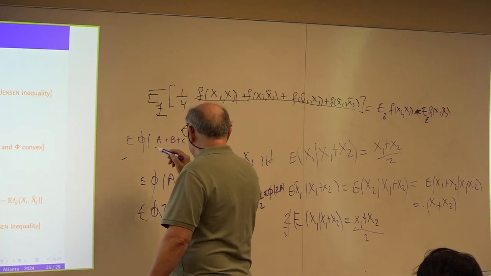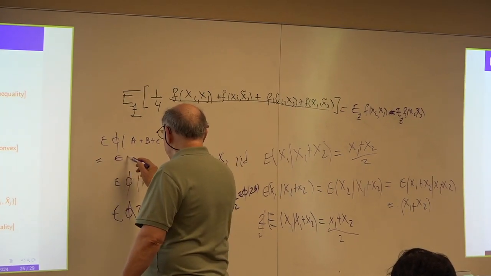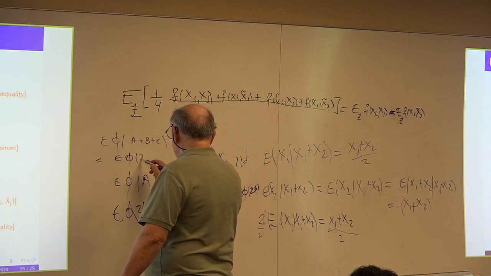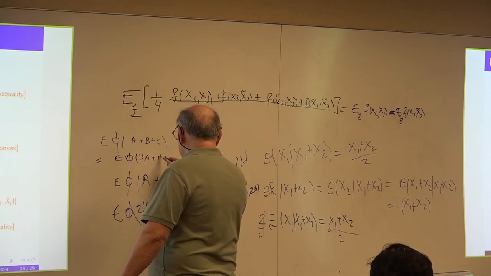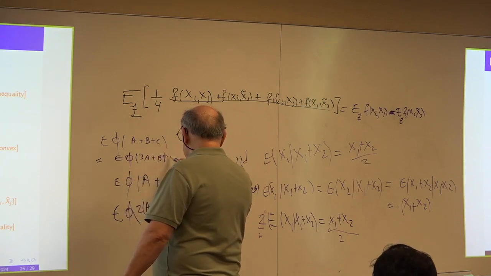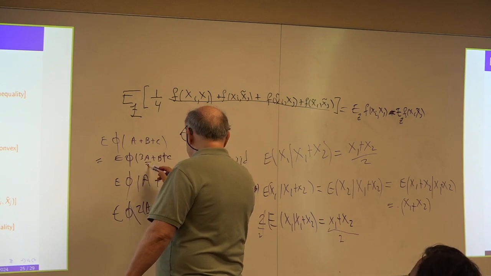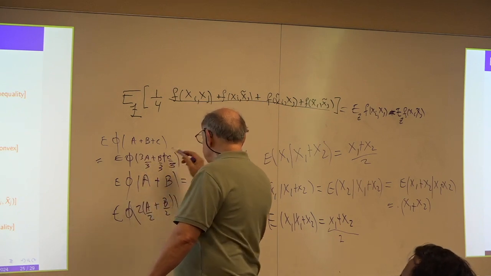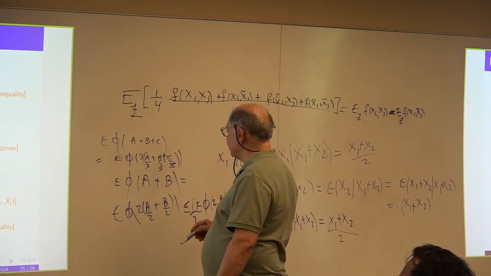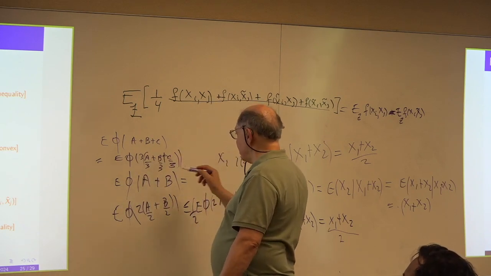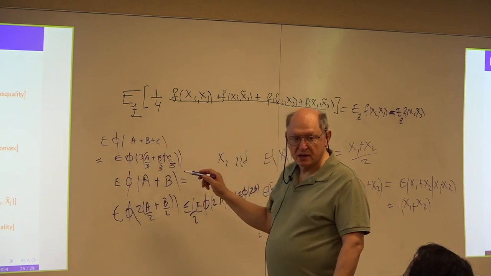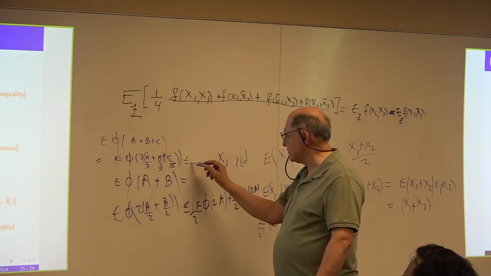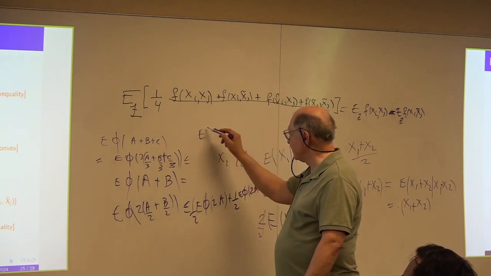And it is equal to the expected value of phi of 3A plus C over 3. And by using the convexity, I can say that this is less than or equal to the expected value.